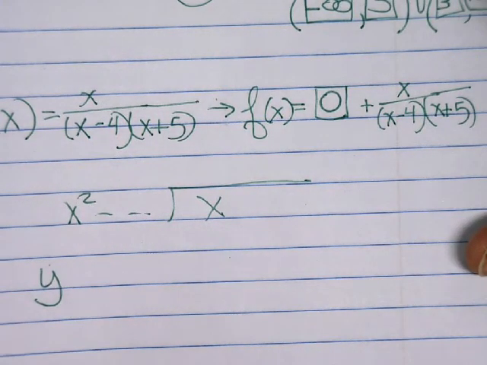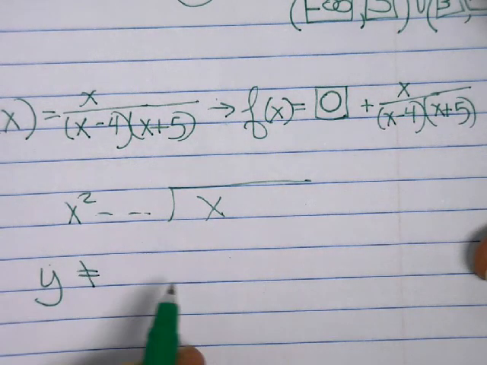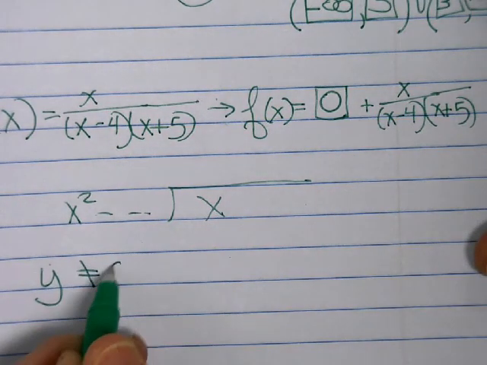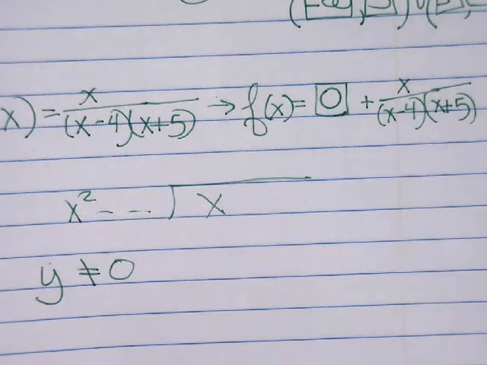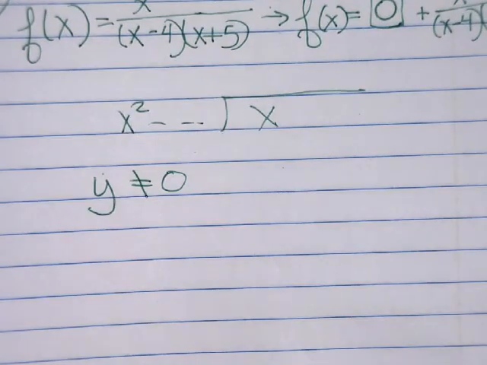we've got a drop-down menu, interval notation. The y will not equal 0. Right?